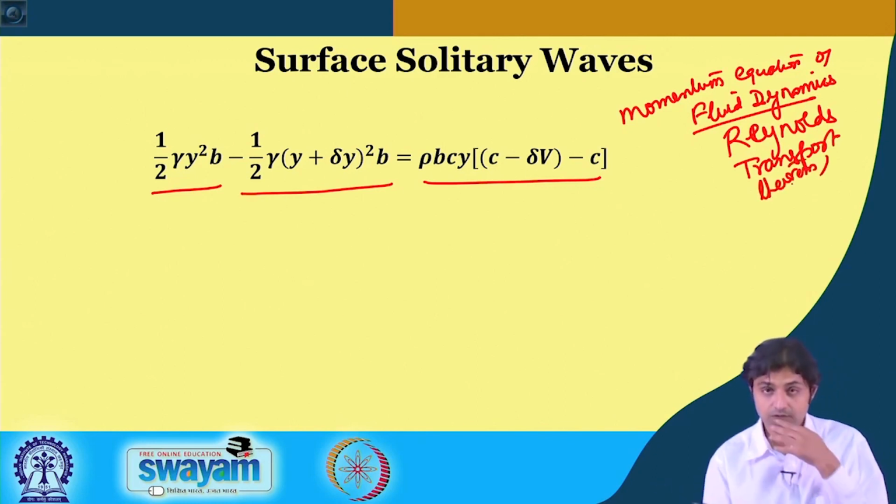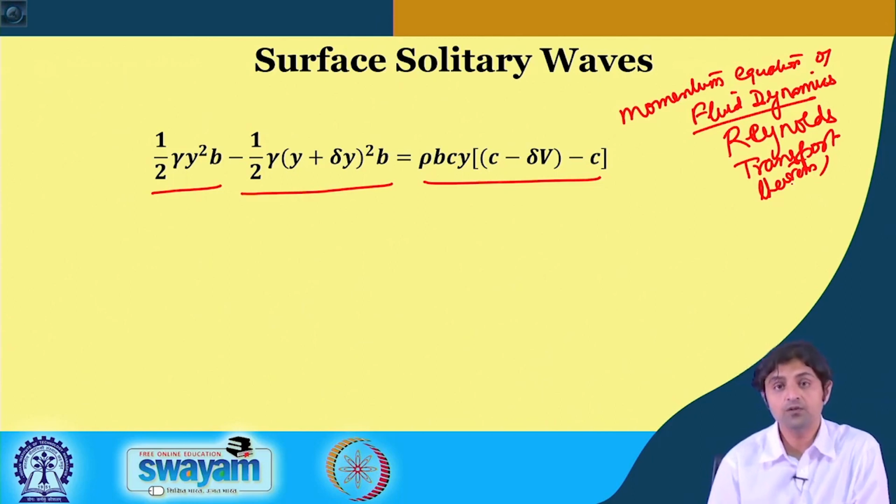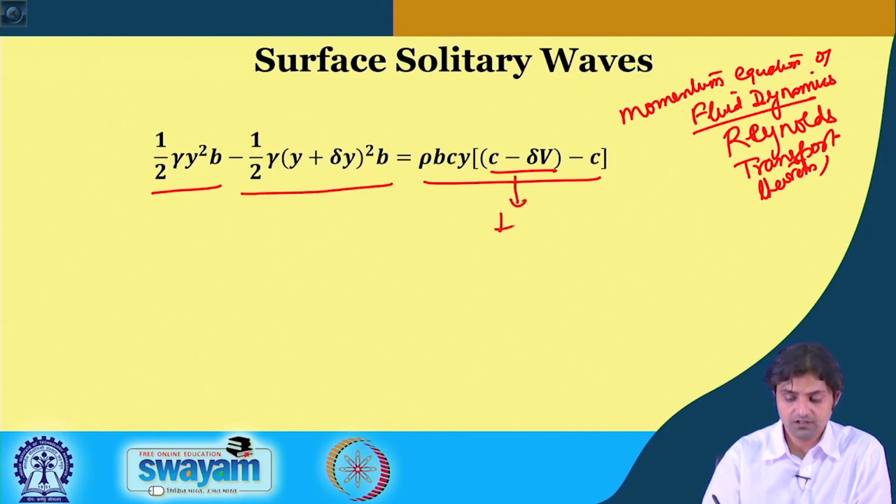The left hand side had c minus delta v, and this was the right side.